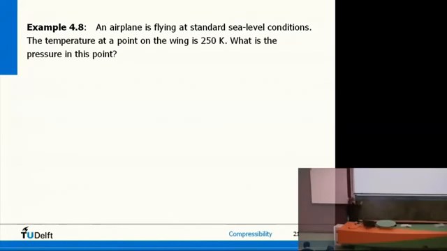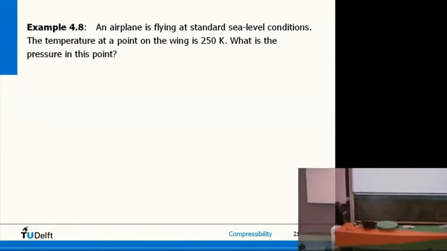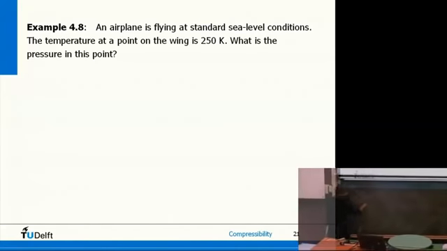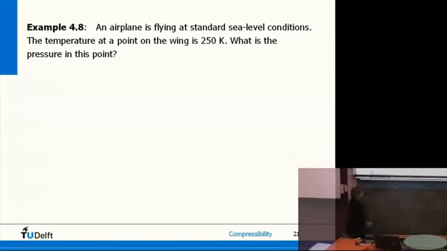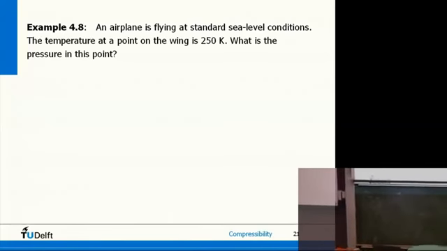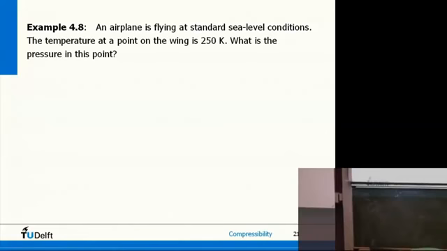Here is T at standard sea level, pressure at standard sea level, and at some point on the wing we have the temperature given. The first step is to make an assumption: assume isentropic flow.